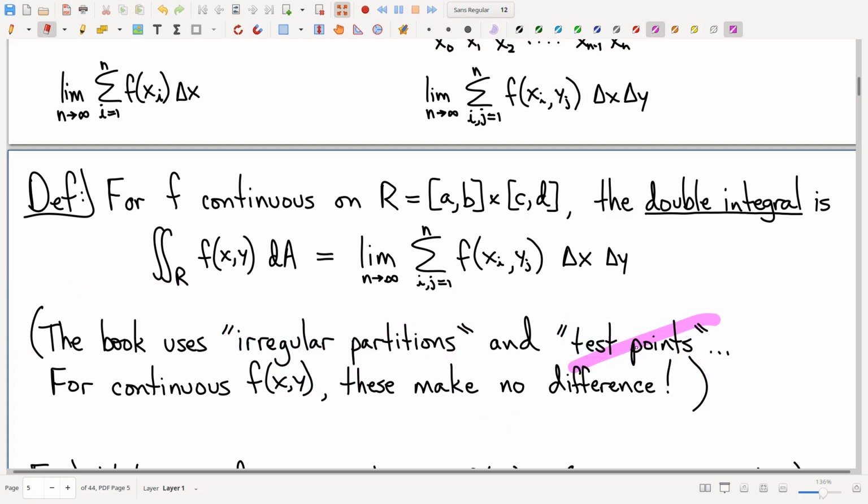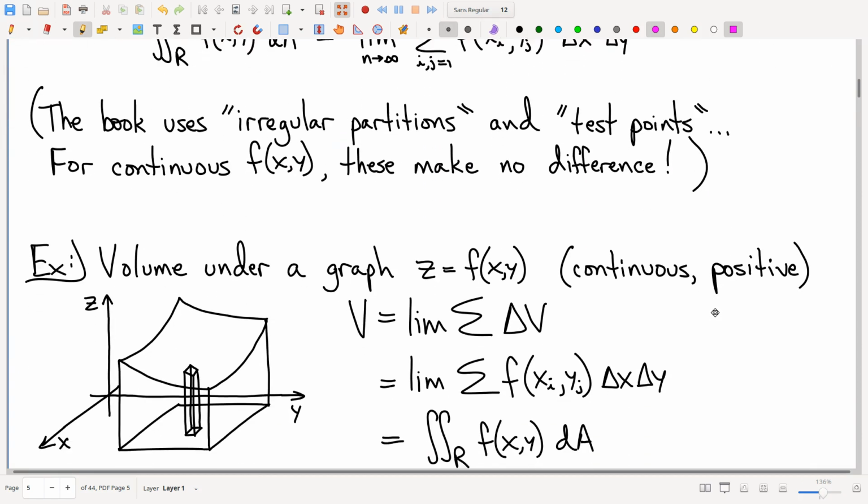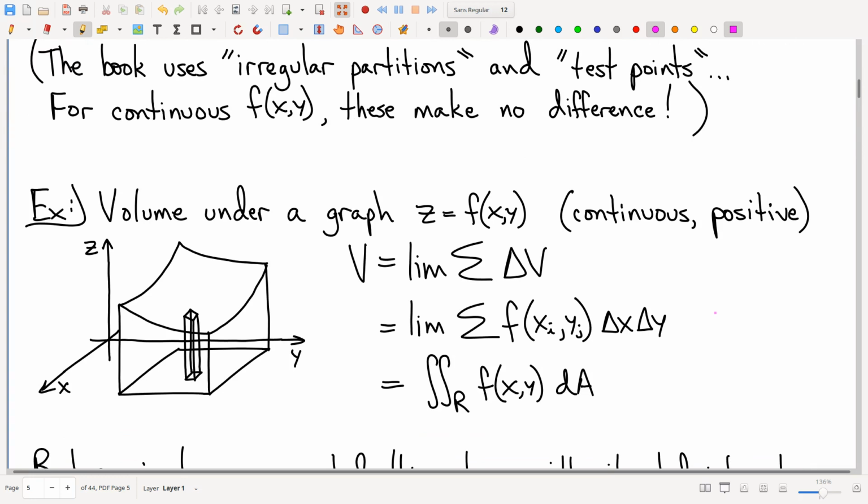Okay. All right. Let's do an example. We already know how to compute the volume under a graph. Right? That volume. We know how to do it. Iterated integrals. Done. Fine. Let's do it a different way, though. Let's use this as our first example of our shiny new tool called double integrals.